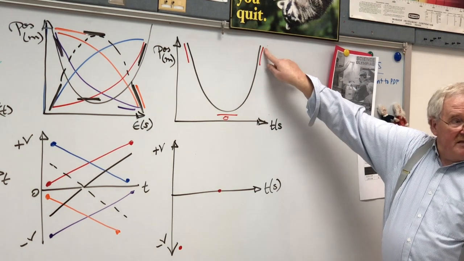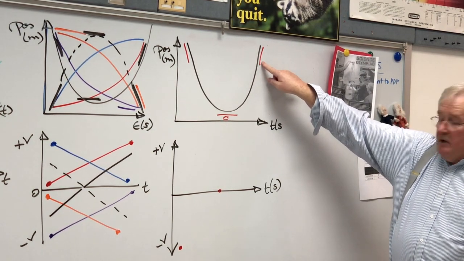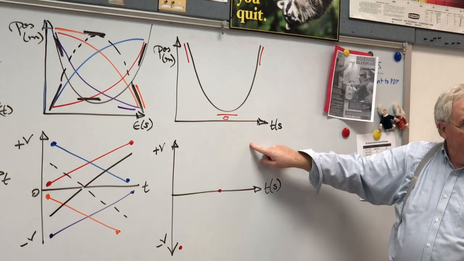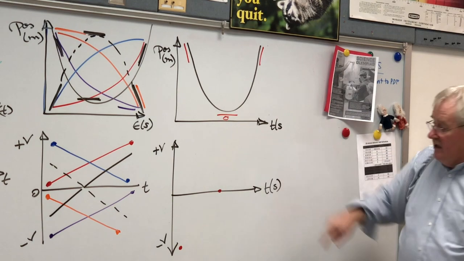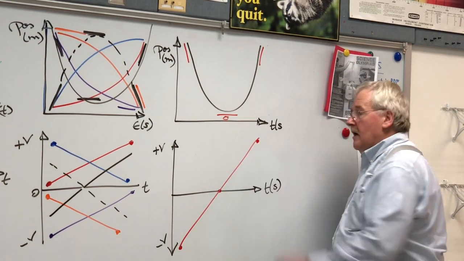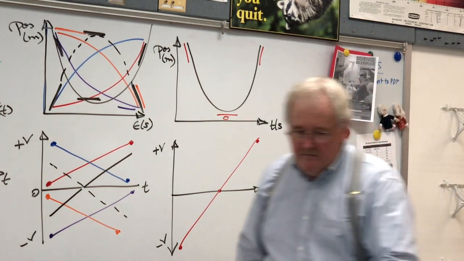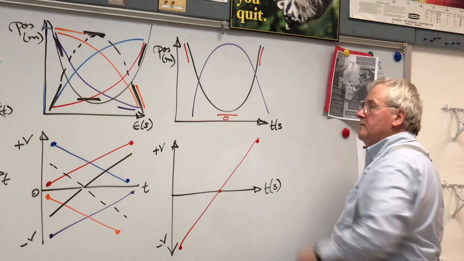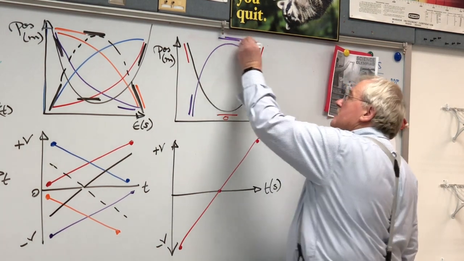This is now a very steep positive slope. This is the positive region. Very steep means a large velocity. So I'll stick that there. And that's my line.